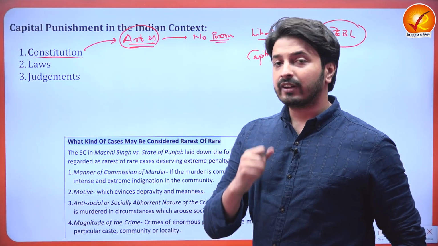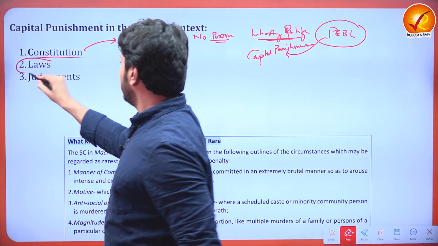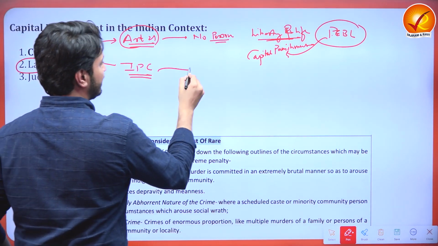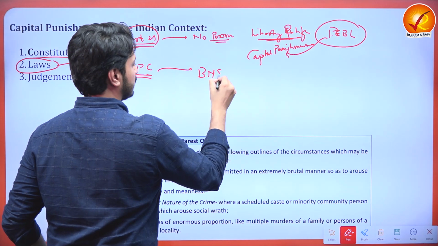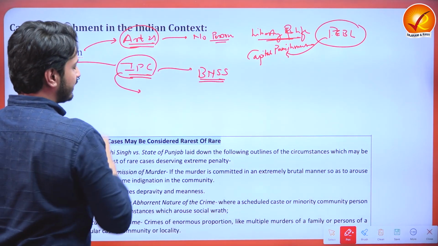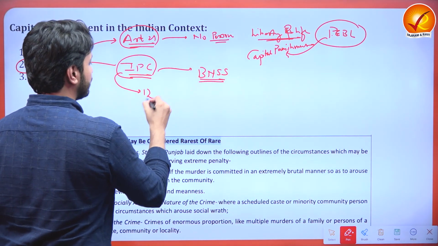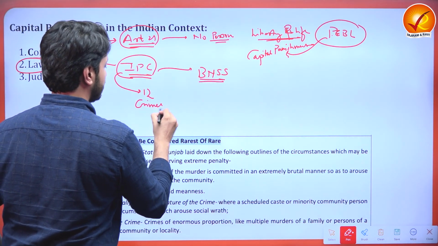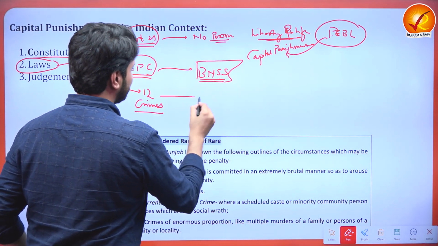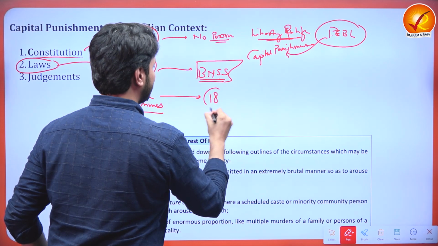And what does the law of our country say? As we know, the Indian Penal Code is being replaced by the Bharatiya Nagarik Suraksha Samhita. In the IPC, there was a category of 12 crimes which were punishable with capital punishment. However, in the Bharatiya Nagarik Suraksha Samhita, this has been increased to 18 crimes.